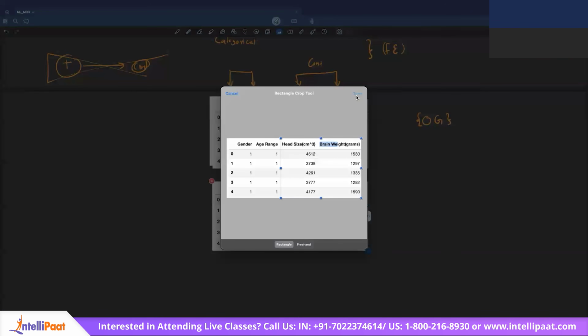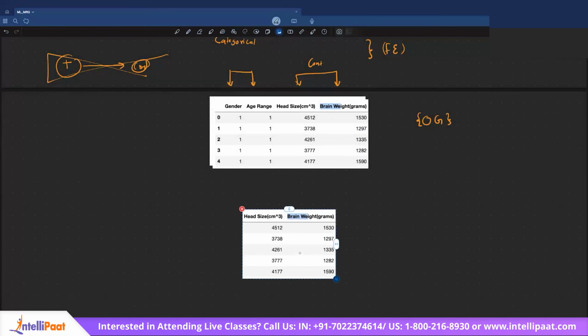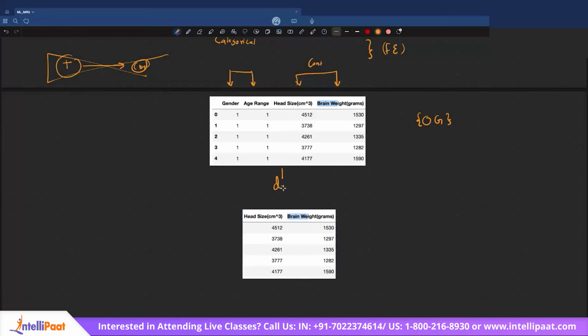Now I will be left with these two columns. So originally, what did I do? I had this data, but in between I dropped some columns, and I got the data set as head size and brain weight. Agree, disagree? This is my original data.